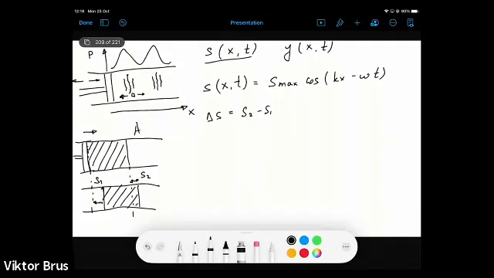And under these conditions, we can write the change of the volume is equal to delta S times A. So area of the cross section of the cylinder times difference in the displacement of left and right edges of the considered gas volume.